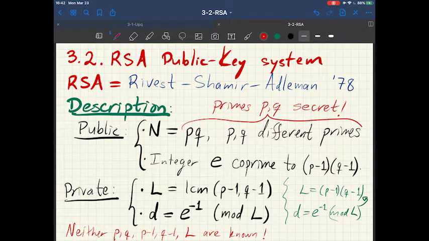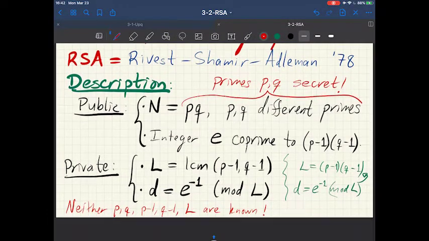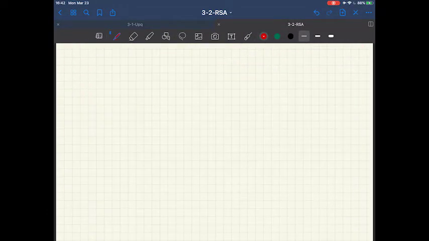Of course, once you know L, it's very easy to find the private decryption exponent d as e inverse modulo L. That's a very efficient computation. But the point is that we're assuming that you cannot really find L.